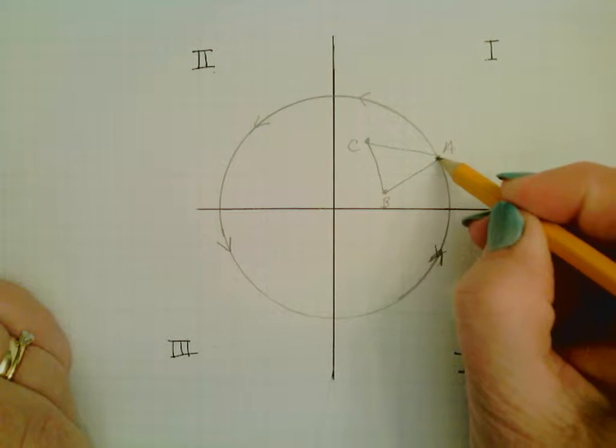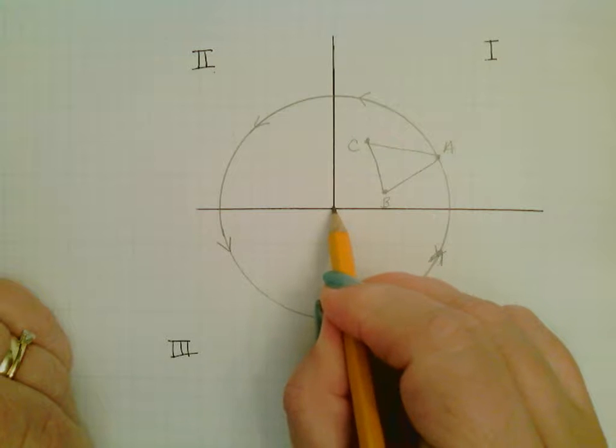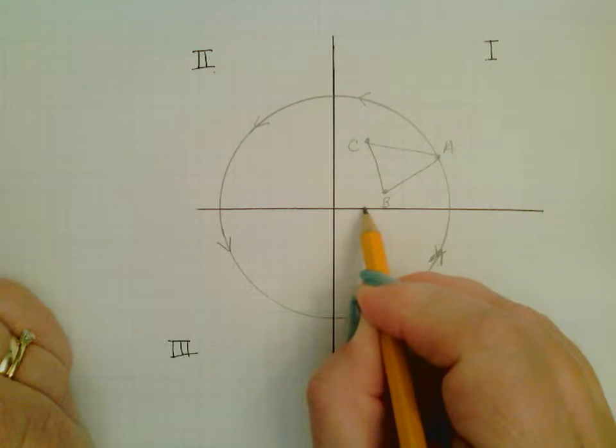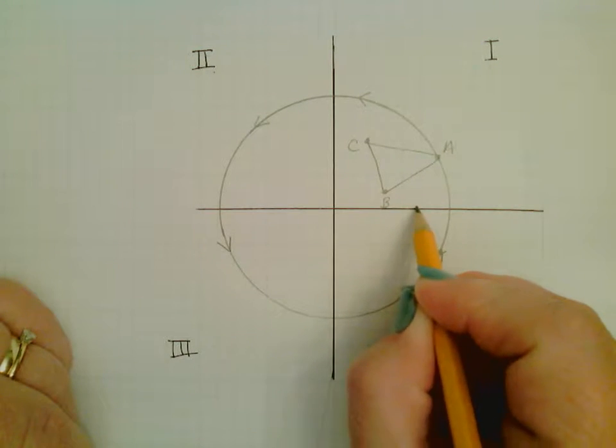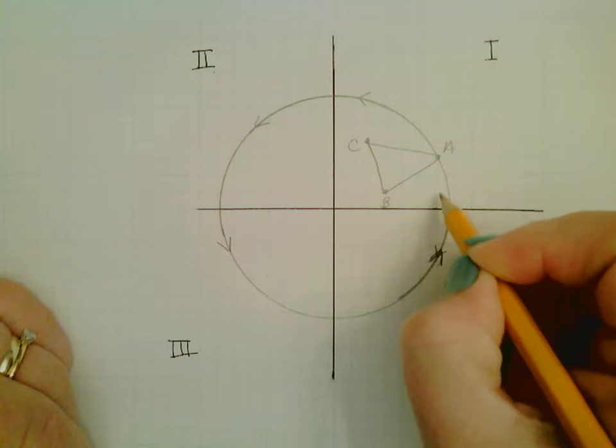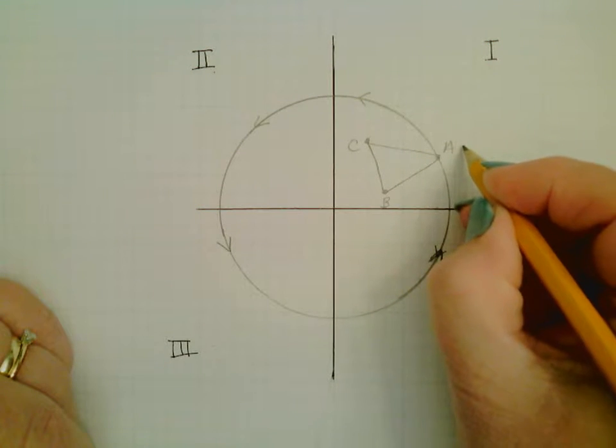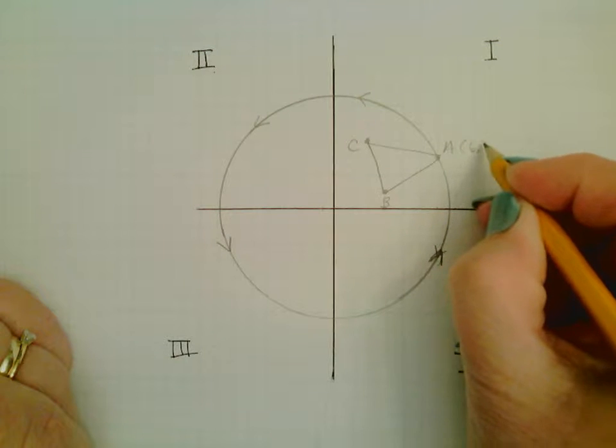Point A starts off at 0, 0: 1, 2, 3, 4, 5, 6, then 1, 2, 3. So A is at 6, 3.